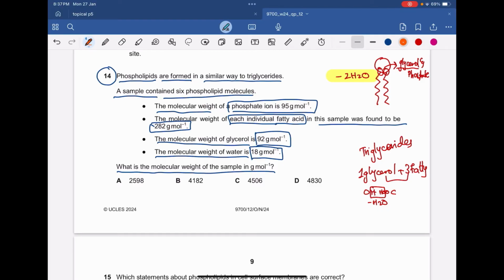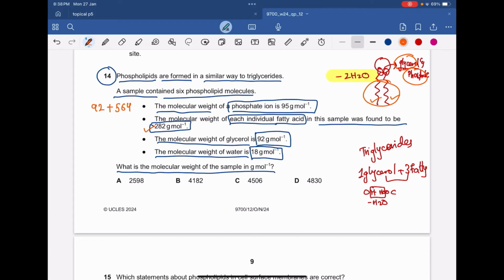Alright, so now let's sum up all of these components: the glycerol, the phosphate and the fatty acids, right? So now let's add it. I'm adding 92, which is of the glycerol. We will add it with the two fatty acids. If one fatty acid is 282, we multiply it by 2, because there are two fatty acid chains in one phospholipid molecule, so we will get 564, right?